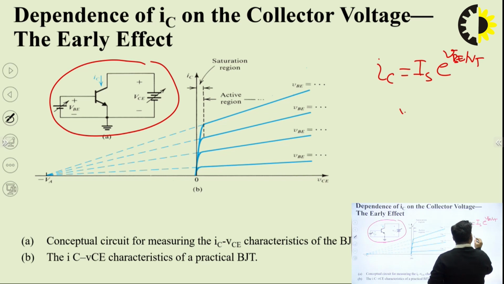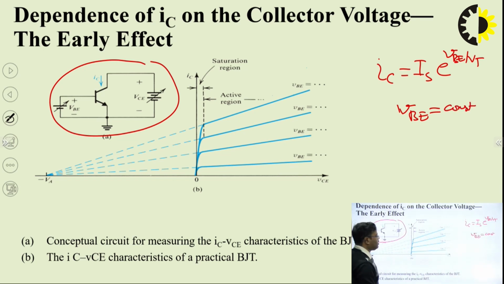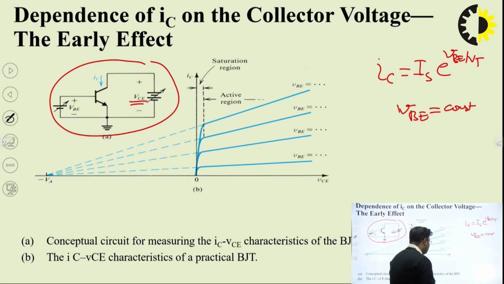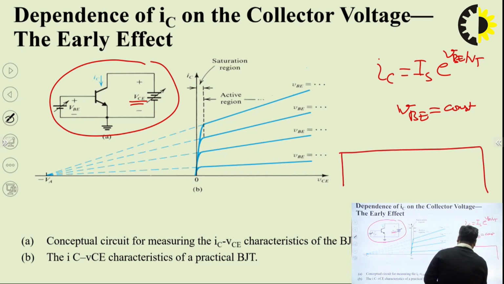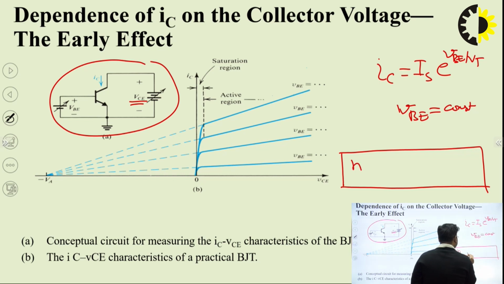Here VB is constant, there is no variation in the value of VB, and we are only varying VC. What about the effect of variation of VC? Now see the diagram. This is the NPN transistor.